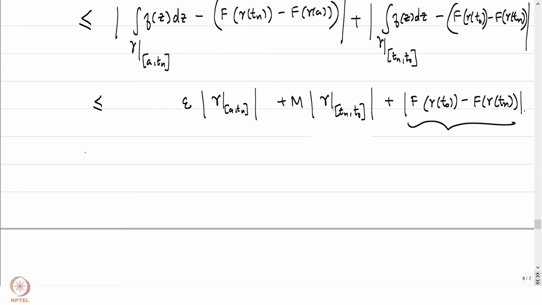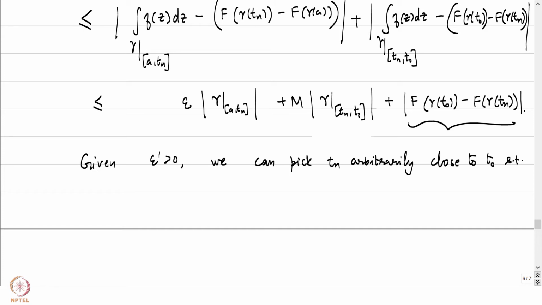So let me just write it down. Given an epsilon prime positive, we can pick, I leave the details to you, Tn arbitrarily close to T naught such that this is less than or equal to epsilon times the arc length of gamma restricted to Tn plus M times epsilon prime, or rather M plus 1 times epsilon prime, some constant times epsilon prime.